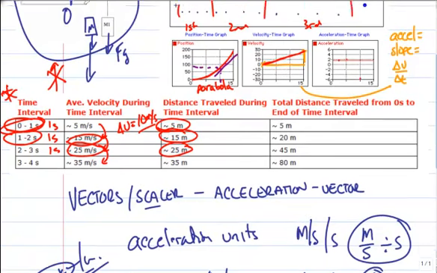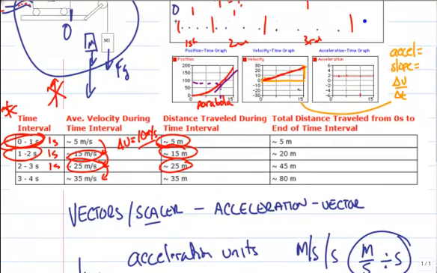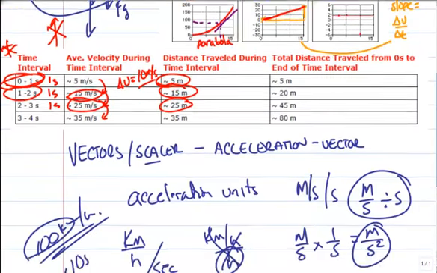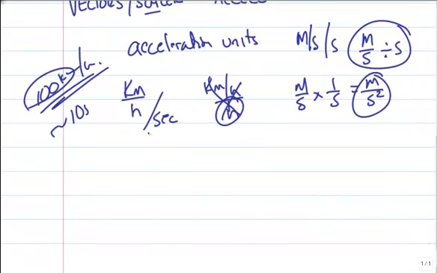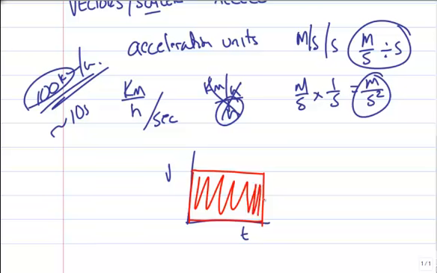Oh, one other thing we can get from this, of course, is we said in our last unit that, I'm just going to sketch a quick velocity time graph. If we had a velocity time graph that looked like this, then the area under the graph here, make a little rectangle, was equal to the displacement, because area is length times width, and the length here is your change in velocity, and the width here is your time, so it's velocity times time.